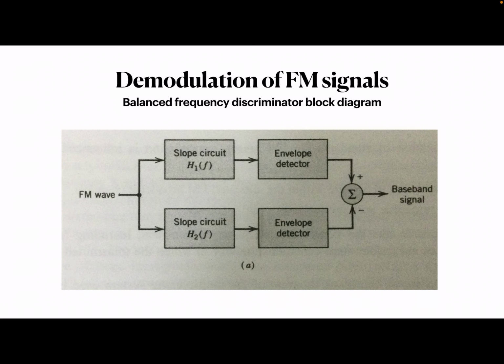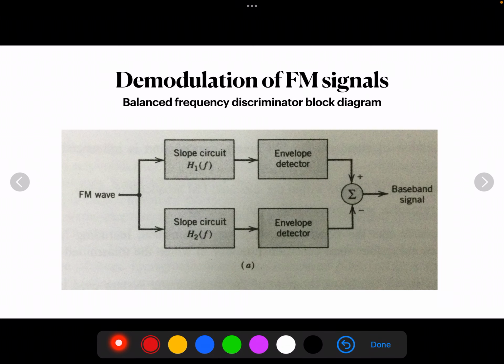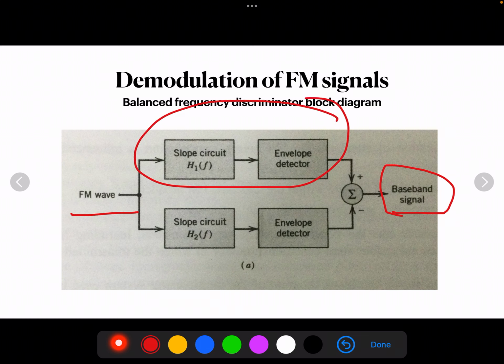As you can see in the block diagram, the input is the FM wave, and the output is the message signal m(t). You have two such circuits, one is just a replica. One block is a slope circuit, another one is an envelope detector.